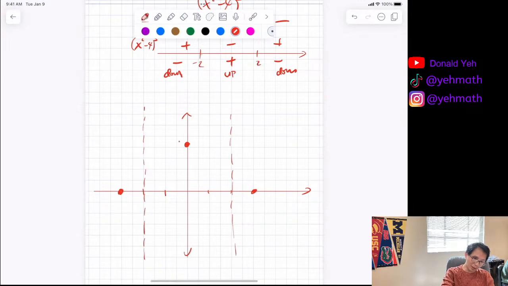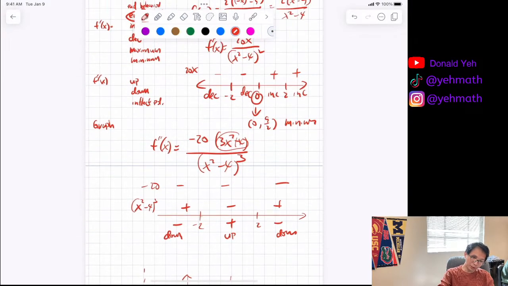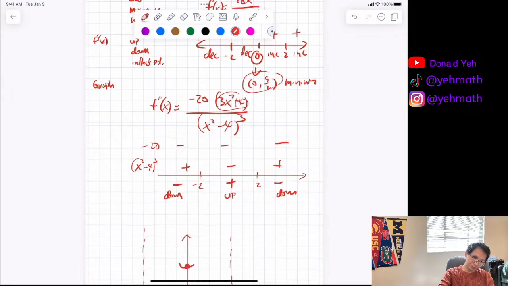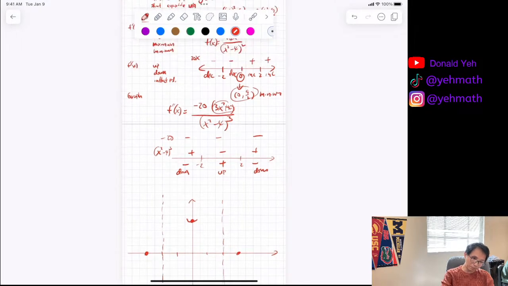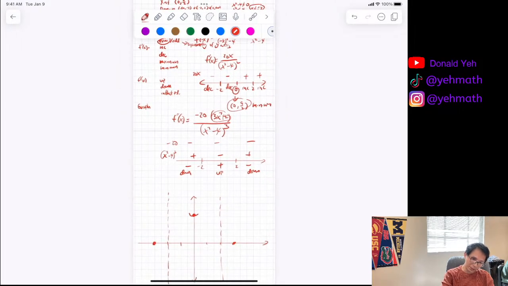Now this is a smile face because according to here, this is a minimum. So the function is going to go, according to this, it's going to be down. Oh, there's a horizontal asymptote. Where's the horizontal asymptote? 2. So 2 is right here.